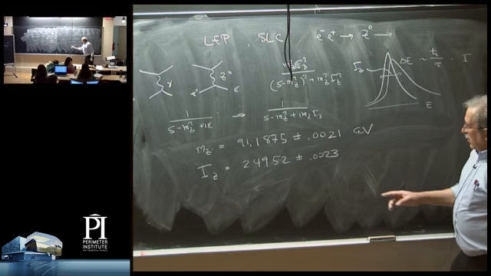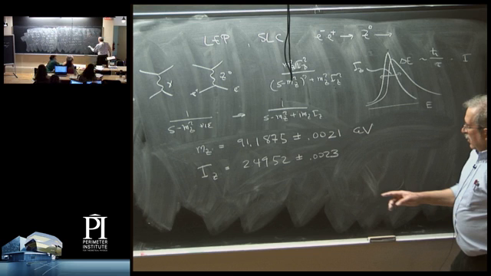Now, the width that we measure here includes the effect of invisible decays. Even the decays that we don't see, so the height of the curve reflects only the visible decays. In fact, typically this curve would be made for only the decays to hadrons. But the width of the curve reflects the invisible decays.